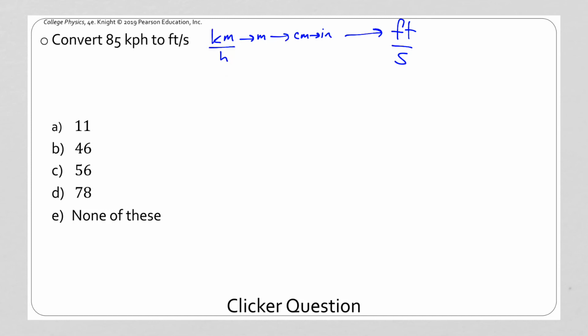Time is the same in the American and metric system, so I can't go directly from hours to seconds, but I can go from hours to minutes to seconds. And so I can kind of lay out my strategy here. I'm going to start out with 85 kilometers per hour.